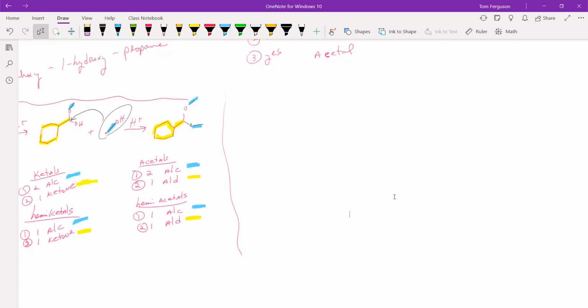Okay, so keep these guys. Know that, and then let's look at this here. So let's create a simpler version here without the cyclic in there. Let's just start with an acetal.